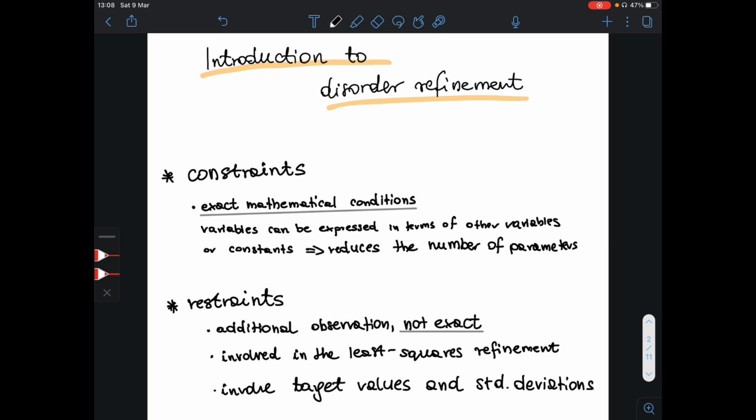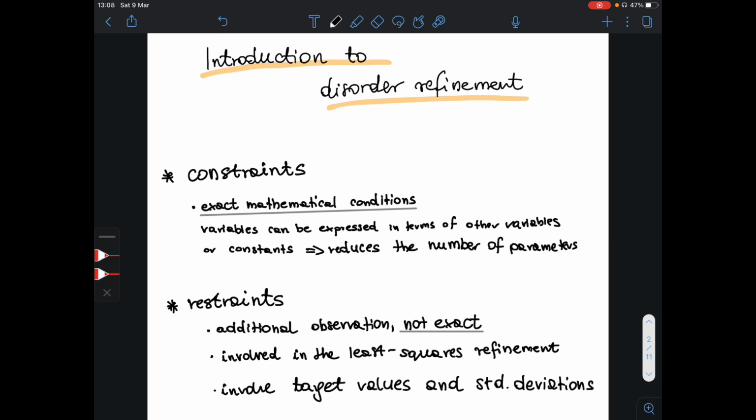So constraints are exact mathematical conditions. The idea is that some variables, and you have many variables during refinement, you can express in terms of some other variables or some constants, which basically reduces the number of parameters you have to deal with.